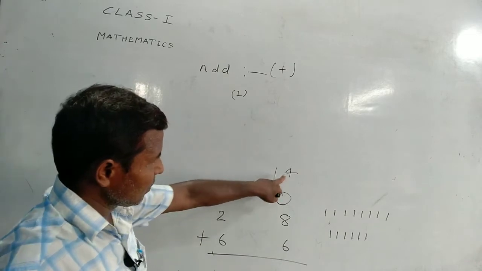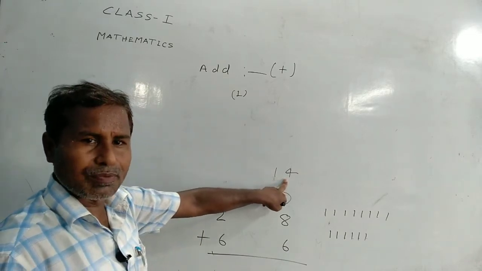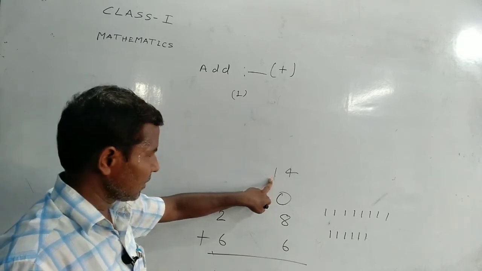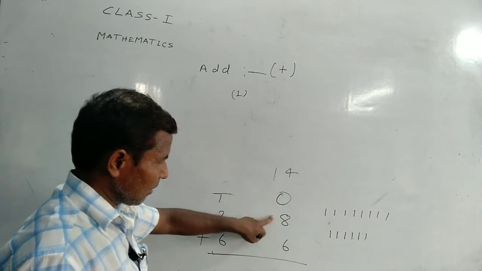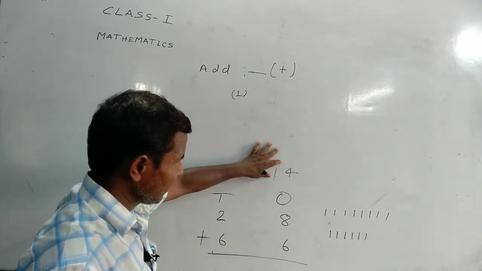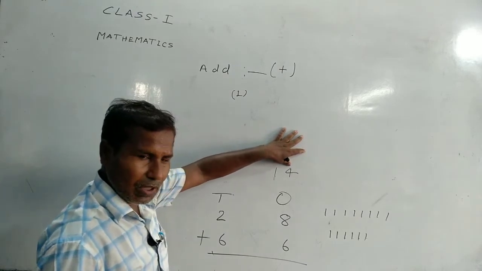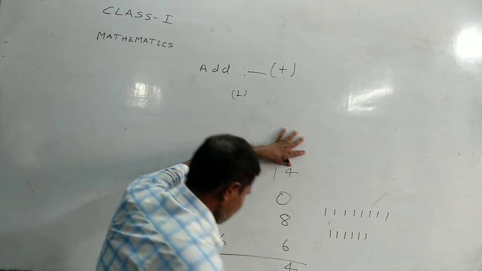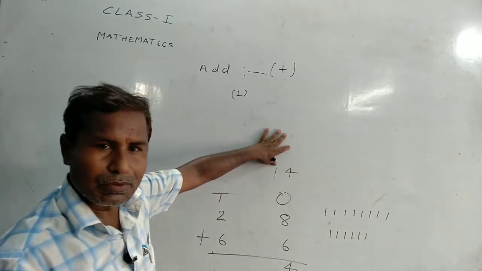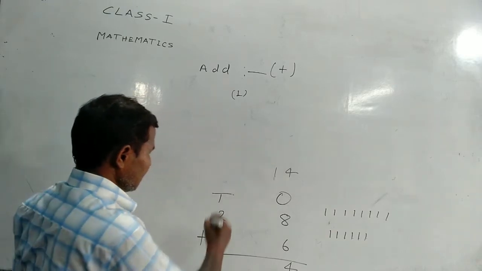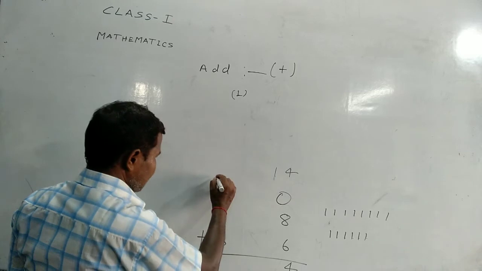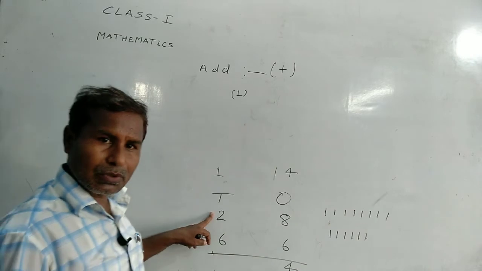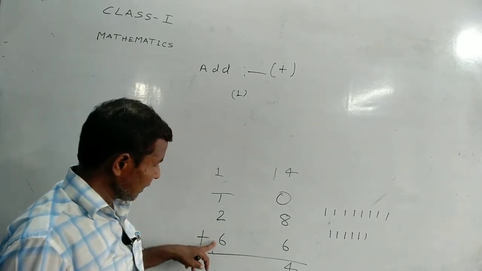You are looking here. 4 stands place of ones, and 1 stands place of tens. Here the sum of 8 and 6 is 14. So 4 stands place of ones. So write down 4 under ones place. And rest is 1. Add 1 to the sum of 2 and 6 in the place of tens.